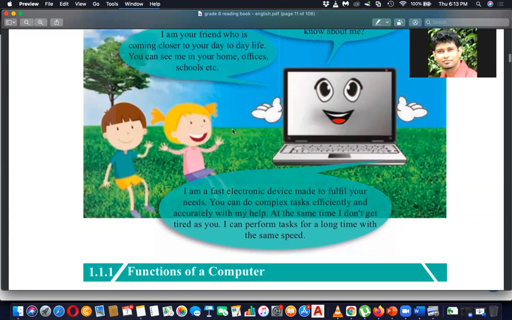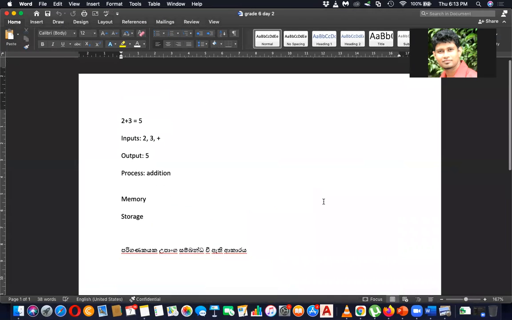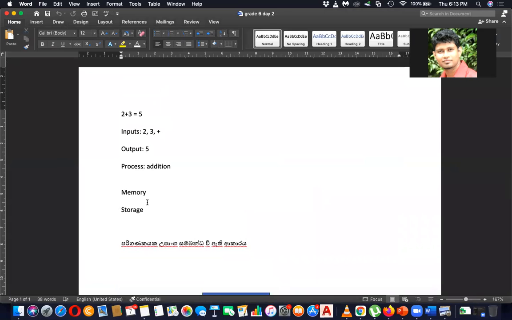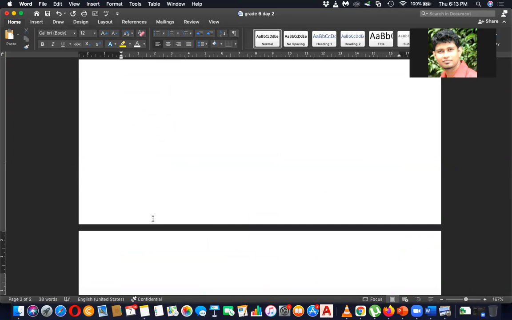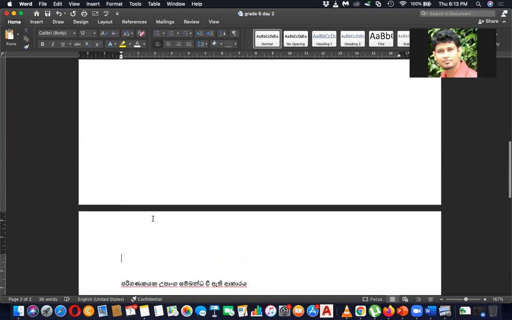Okay, we discussed these components last day, and today we are going to discuss more about these components as well as how they are connected to each other. Let me recall the very basic thing we learned last week.